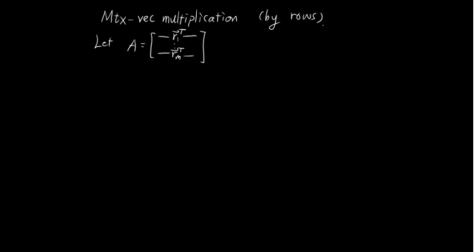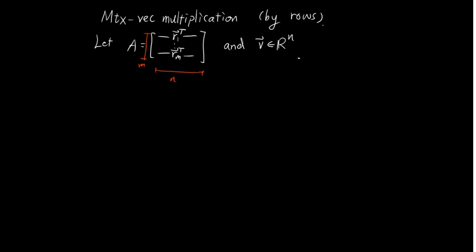So suppose we know the rows of the matrix, and I have a vector V. V is of the same length as these row vectors, and it is in R^n. Suppose A is m by n.